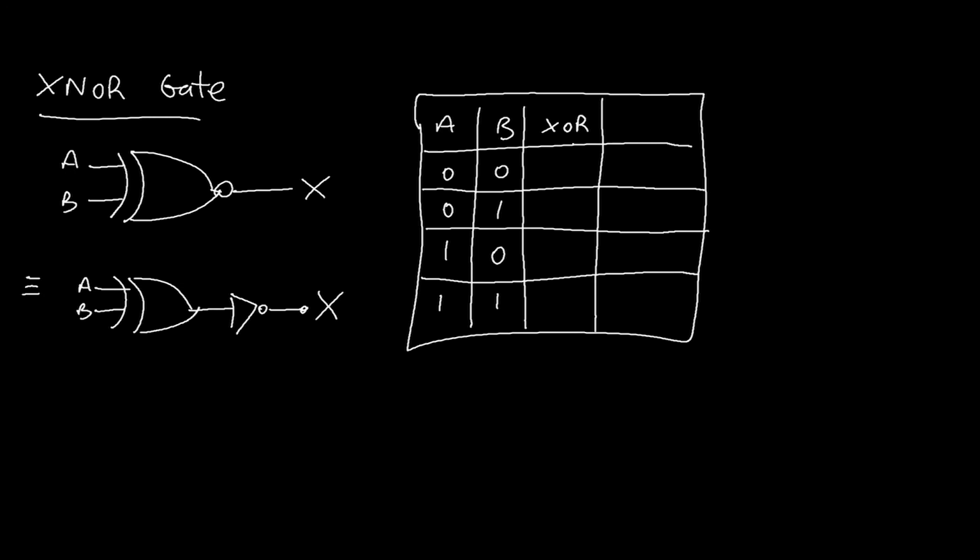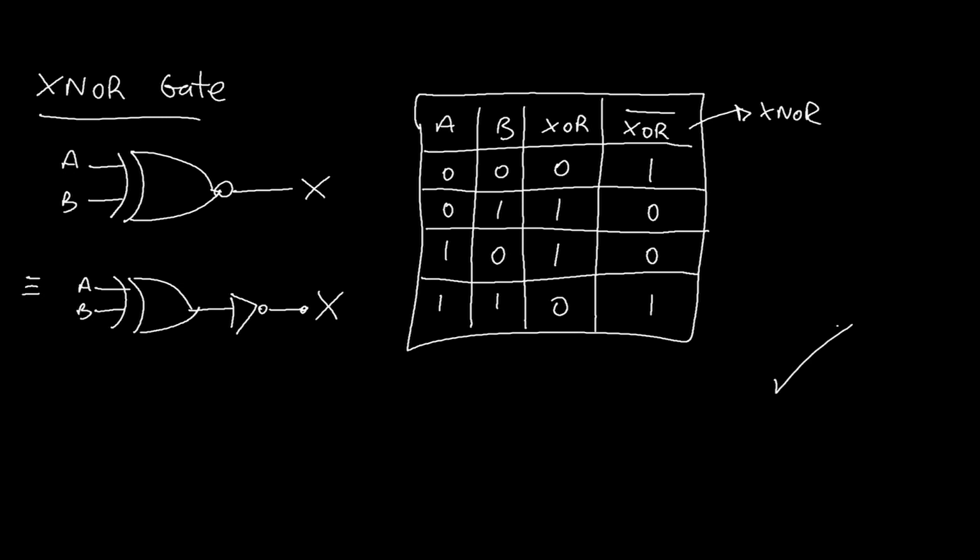Okay, so exclusive OR, we only have a 1 where the inputs are different, otherwise we have a 0. And we're going to, if you like, exclusive OR with a bar over it, which is the same as exclusive NOR. And we just flip these bits in this third column. So we have 1, 0, 0, 1. So in that case, exclusive NOR will only go high when the inputs are the same, i.e. 2 zeros or 2 ones.